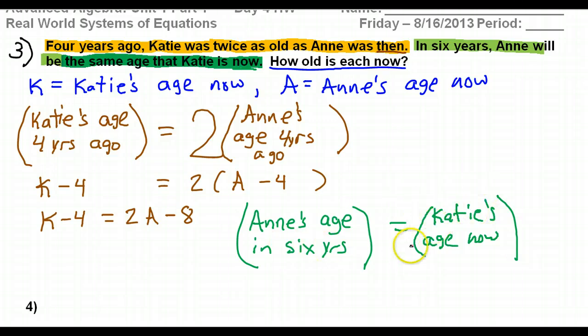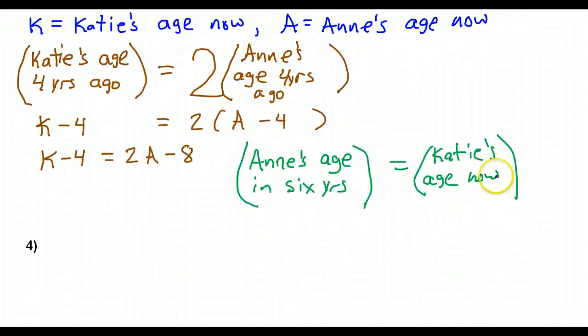Okay, that's my word equation. Now turning that into a regular equation. Anne's age in 6 years, well, that'll be Anne's age now plus 6. Katie's age now, well, that's K. Alright, that's why we defined our variables right from the beginning. K equals Katie's age now. So just K. Alright, so these are the two equations that we are going to deal with.